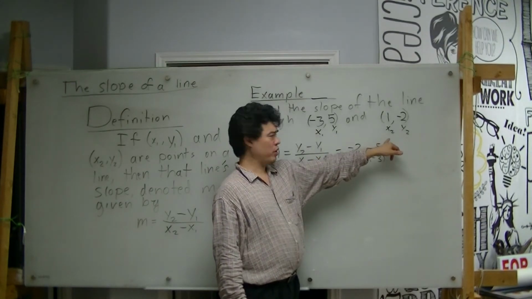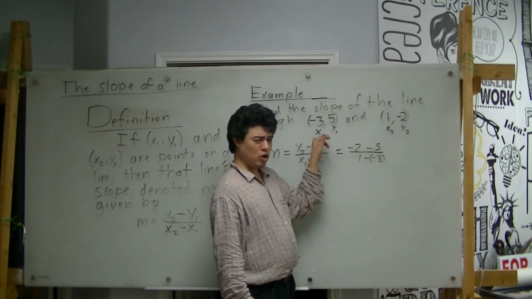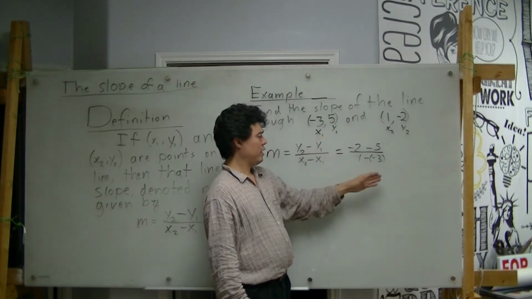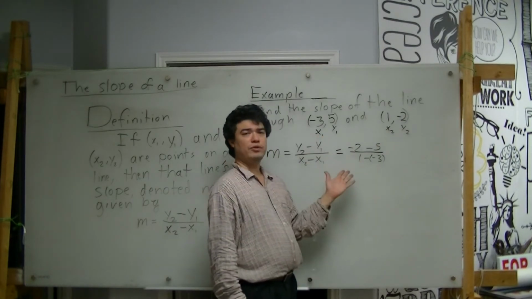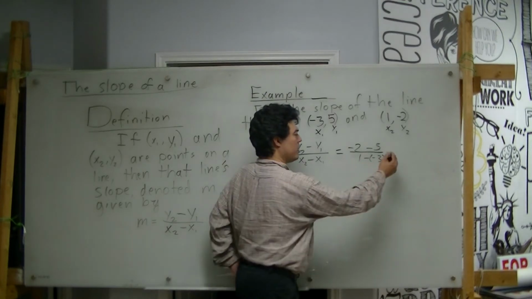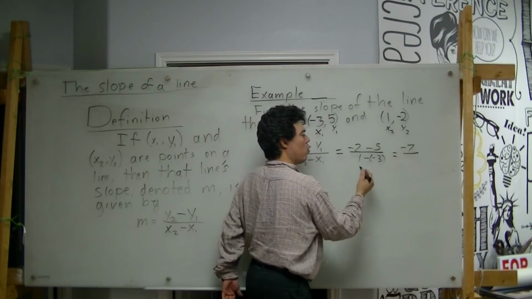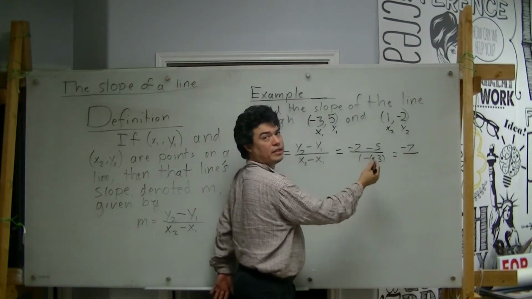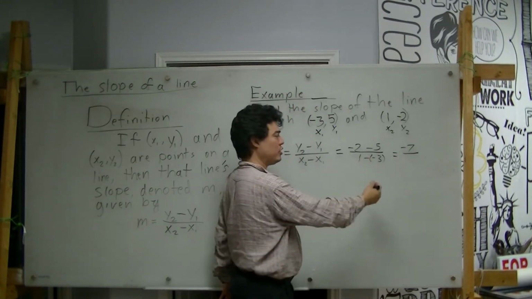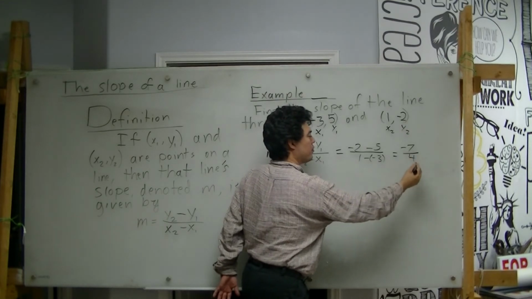Our x2, which is 1, minus our x1, which is -3, like this. -2 minus 5 is -7, divided by 1 minus a -3 becomes 1 plus 3, which is 4.